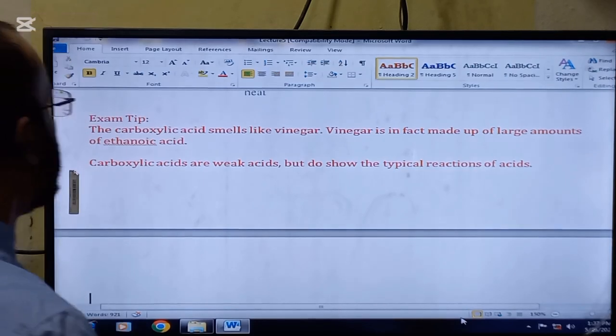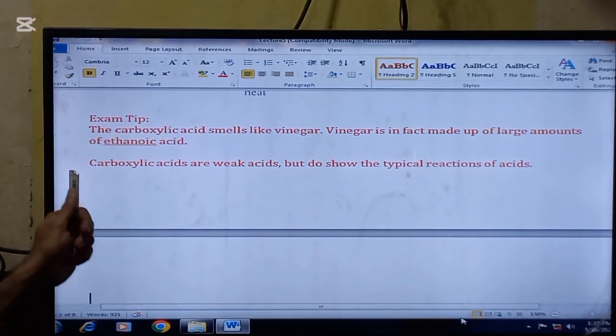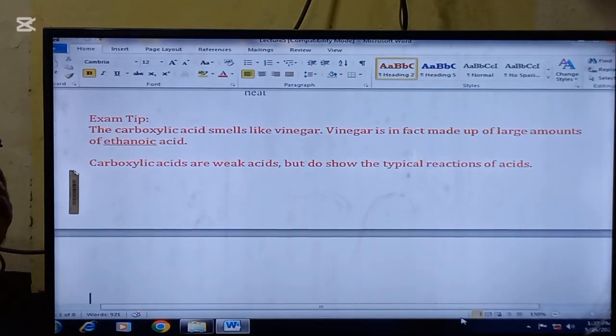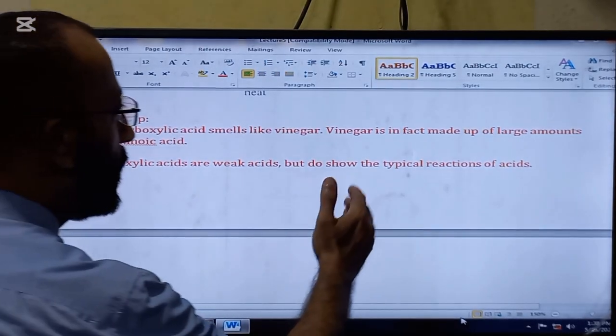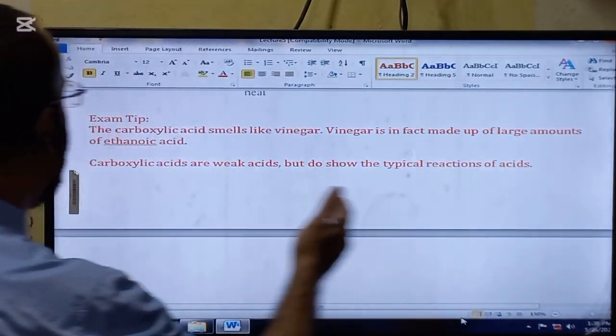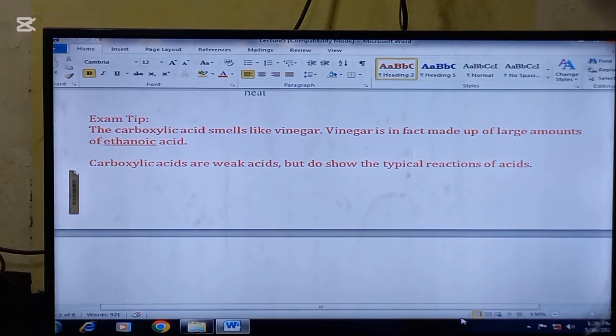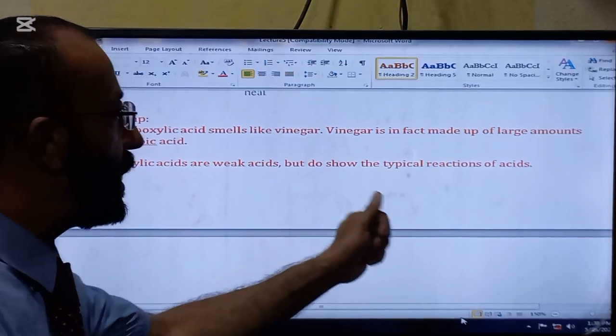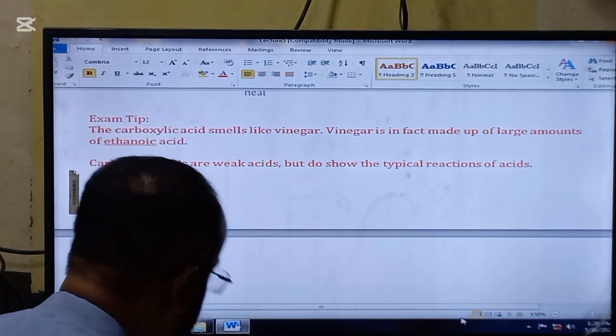Exam tip for you students: carboxylic acid smells like vinegar. Vinegar is in fact made up of large amounts of ethanoic acid. Carboxylic acids are weak acids but do show the typical reactions of acids.